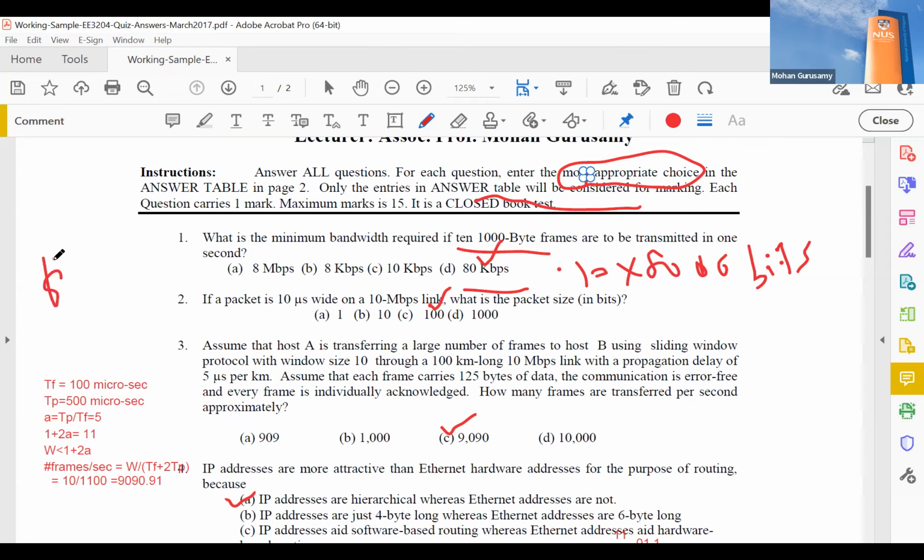The time is something like a transmission time, which is size divided by bandwidth. So the size is time multiplied by bandwidth. Time is 10 microseconds, bandwidth is 10 Mbps. Micro and M will get cancelled when you multiply, so it is 100 bits.